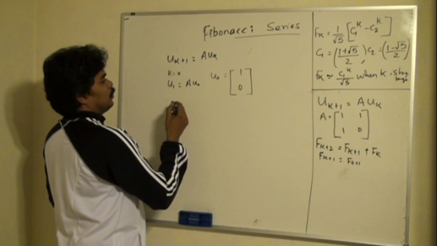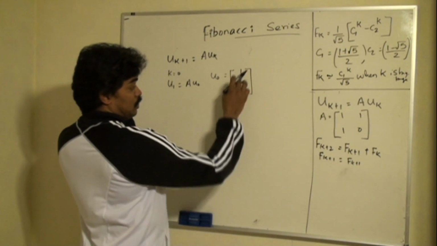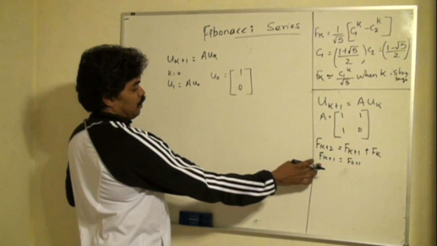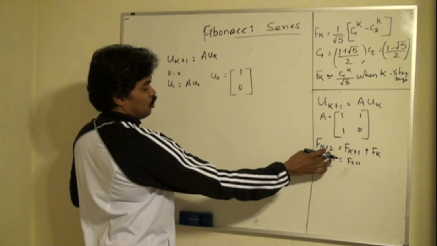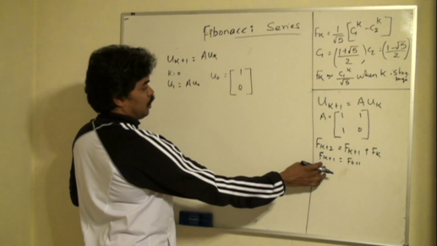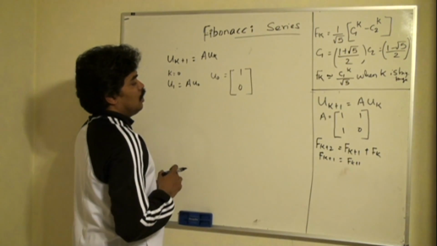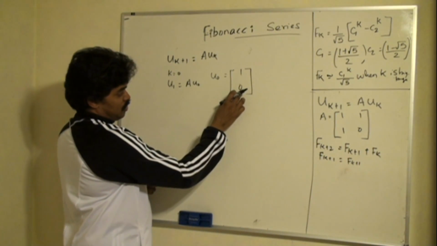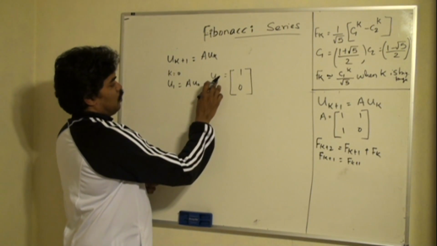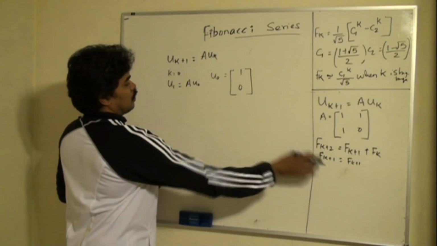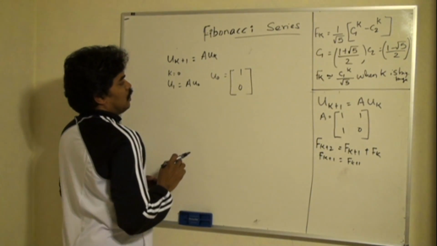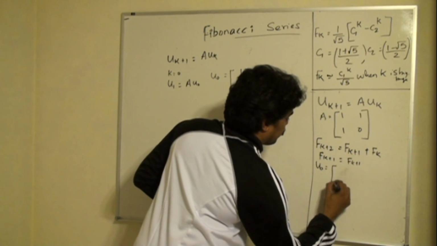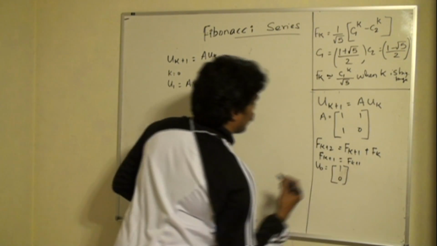You may think it should be 0, 1, but the way we wrote the matrix, k plus 2 and k plus 1, the 1 is going to be in the first position and the 0 in the second, so u0 is (1, 0).